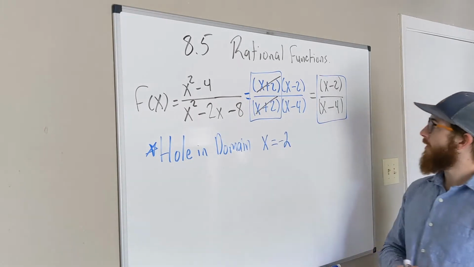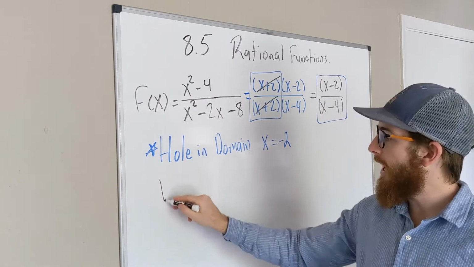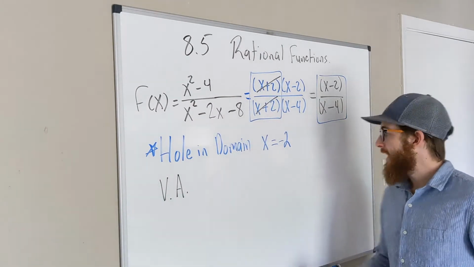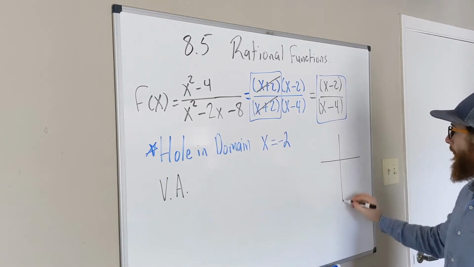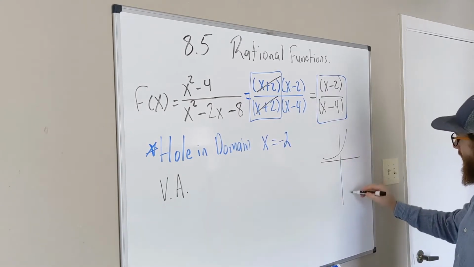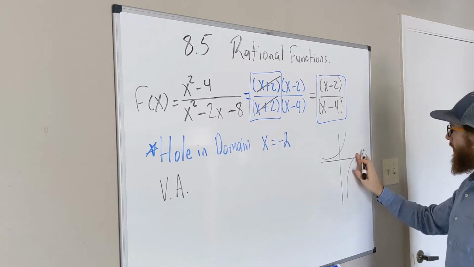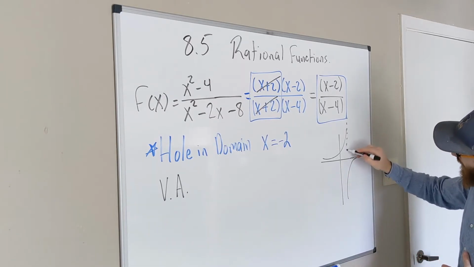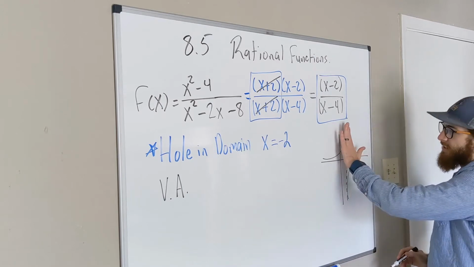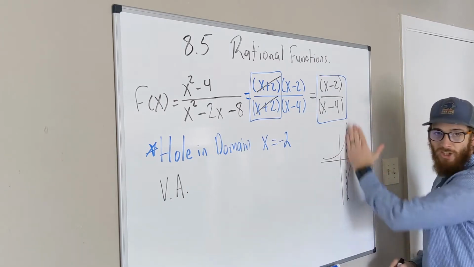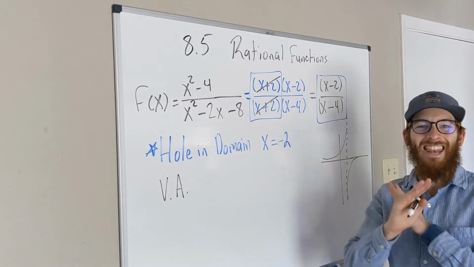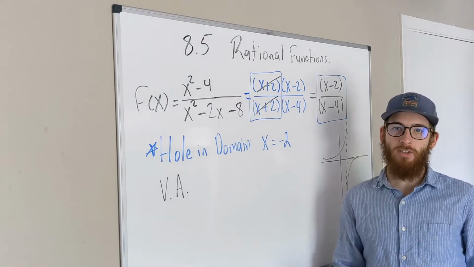The second piece we want to talk about is vertical asymptote. A vertical asymptote is the place on the graph, if I drew something like this, where this side and this side do not touch the line. A vertical asymptote can never be crossed.